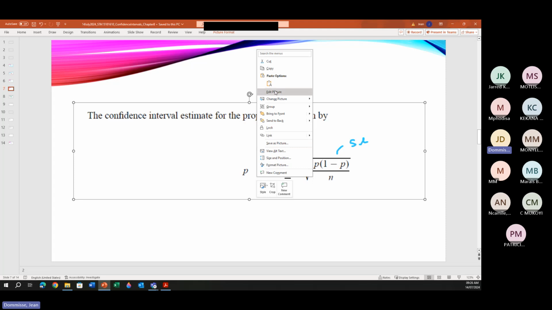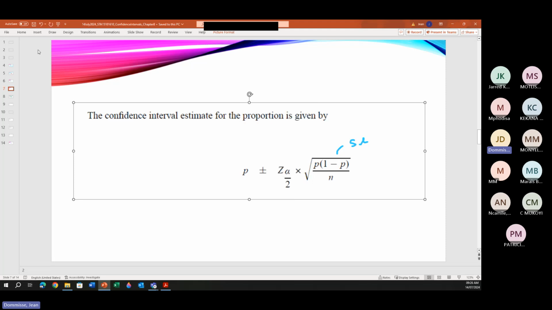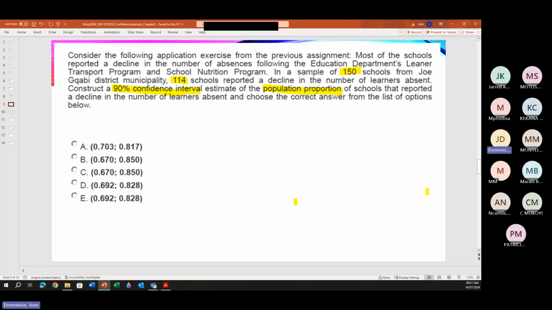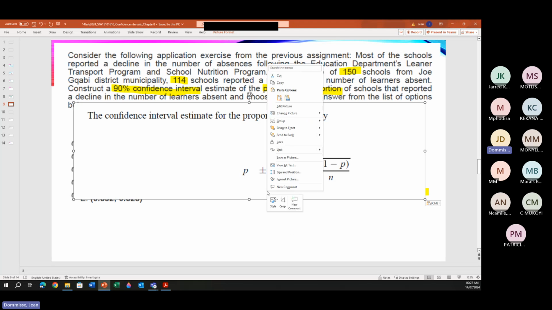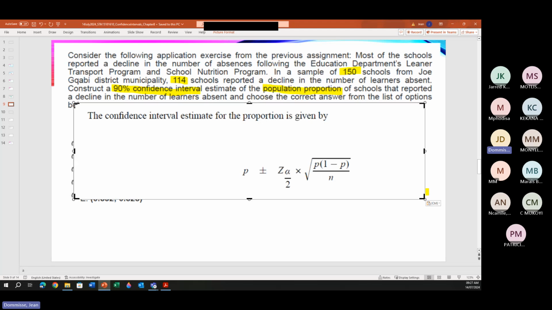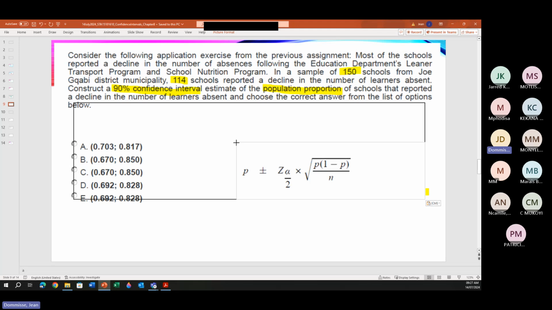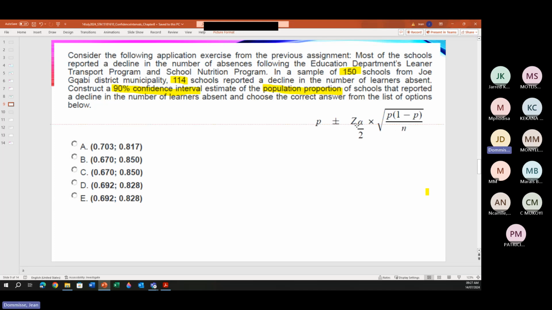I really don't know this off by heart, and that is why you guys are also writing open book and can have all these resources that we're working through as part of the things that you have at hand. So that is our formula that we need to get to.